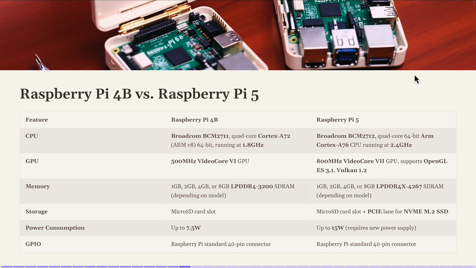For the memory, Raspberry Pi 4 only has a maximum memory of 8 gigabytes, and now you can have 16 gigabytes in Raspberry Pi 5, with a different memory model as well. For the storage, it only supports a micro SD card slot, and Raspberry Pi 5 also introduced the possibility of adding an SSD.